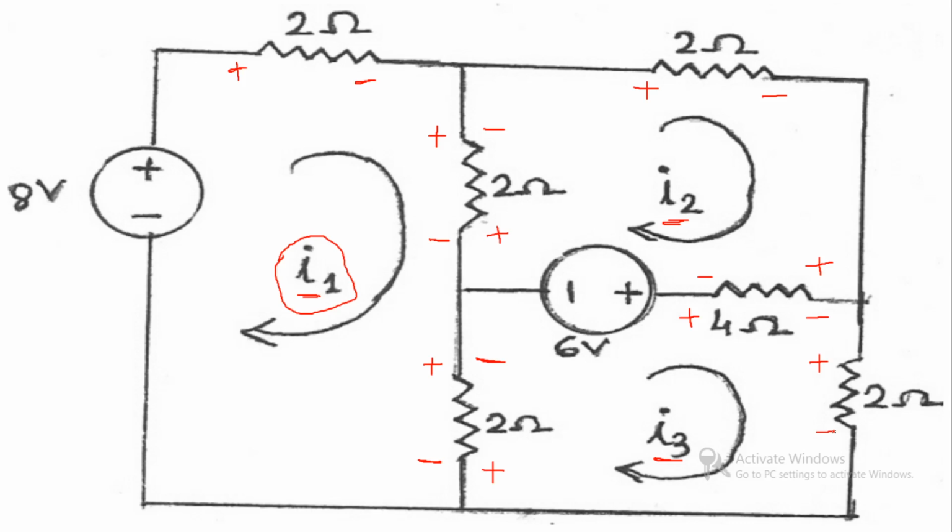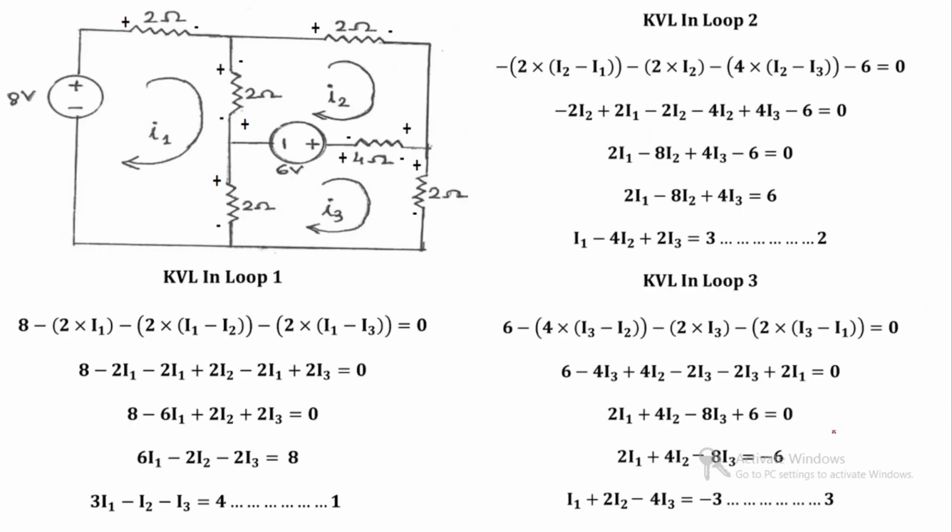Now we are able to write the KVL equation for each individual loop. I have shown the diagram with polarity over here. So we will write the KVL equation for loop 1. We know that if current flows from plus to minus, we consider that a potential drop and take it as negative.